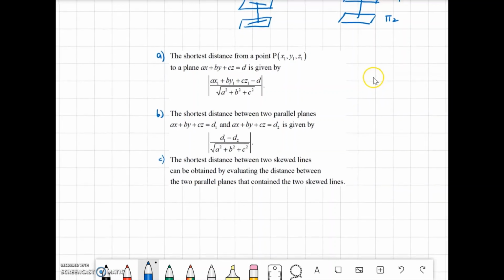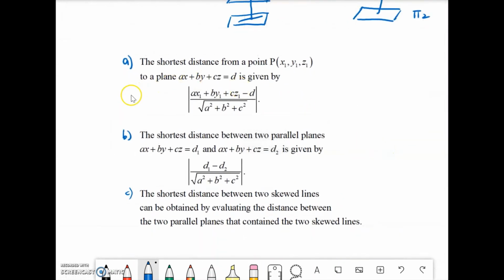So for these three cases, for the first case where we want to find the shortest distance from a point, let's say P, where P is given as x1, y1 and z1, and the equation of a plane is ax plus by plus cz equals d. The formula to find the shortest distance from a point to a plane is the absolute value of ax1 plus by1 plus cz1 minus d.